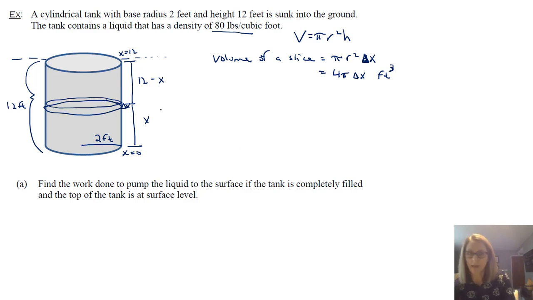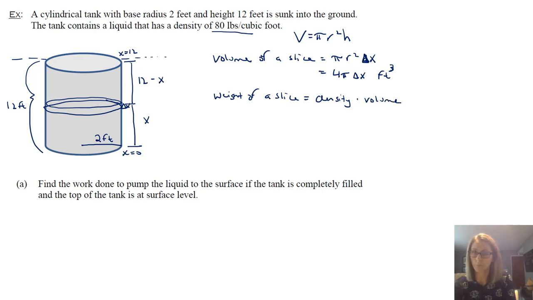Now, the reason I say that is because now we want to think about the weight of a slice. And the weight of any slice, and this is something to note, is density times volume.